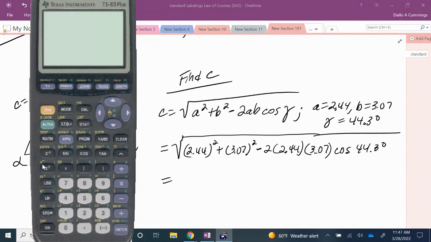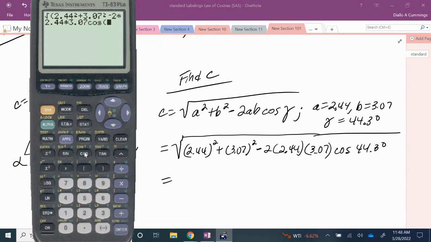So I'm going to put this in the calculator as a square root of 2.44 squared plus 3.07 squared minus 2 times 2.44 times 3.07 times the cosine.